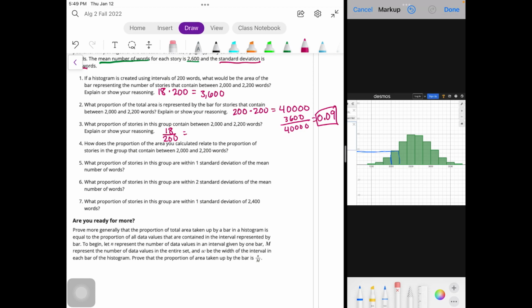That would also give us 0.09 if we put that in the calculator. How does the proportion of the area you calculate relate to the proportion of stories in the group that contain between 2,000 and 2,200 words? They are the same.